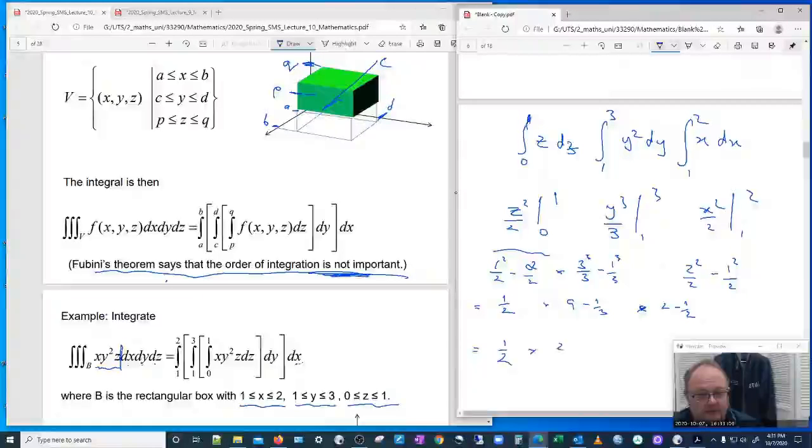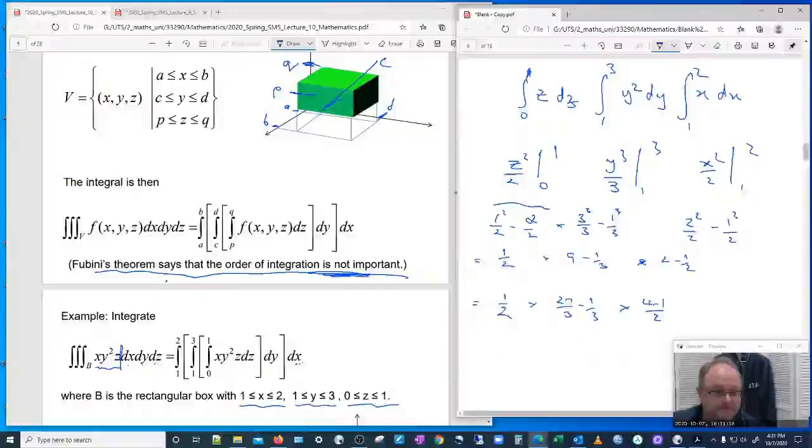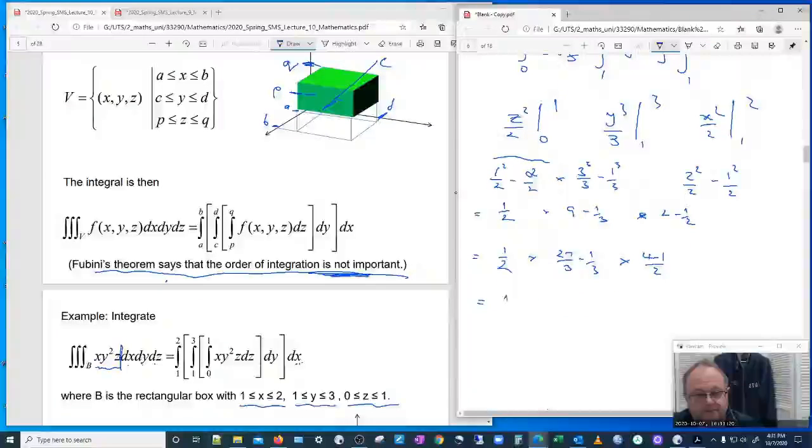So that's got to be 27 on 3 minus a third. That's got to be 4 minus 1 over 2. So we've got 4 3s are 12.